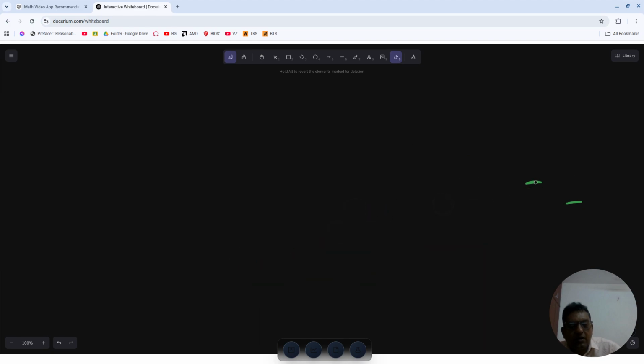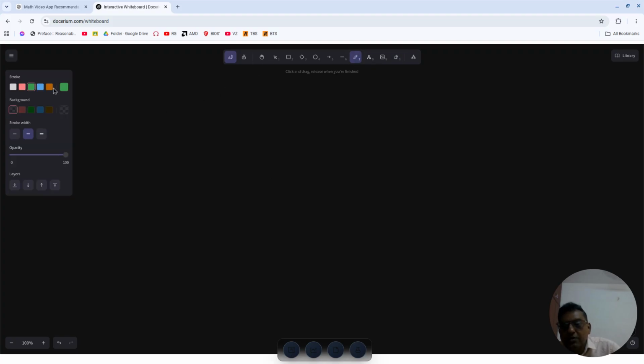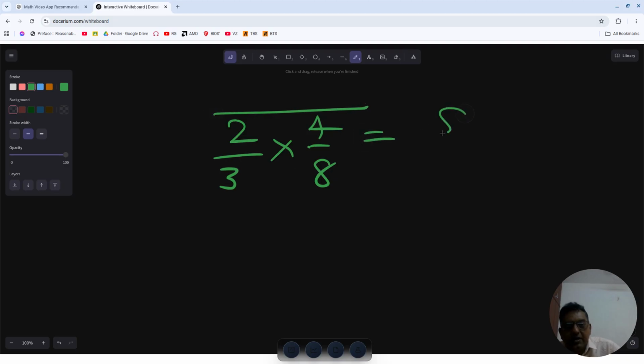Now let us go to the multiplication of fractions. So again I am going to another topic now, that is called multiplication. Now you have 2 by 3 multiplied by 4 by 8. So very simple. Numerators are first multiplied, it becomes 8.